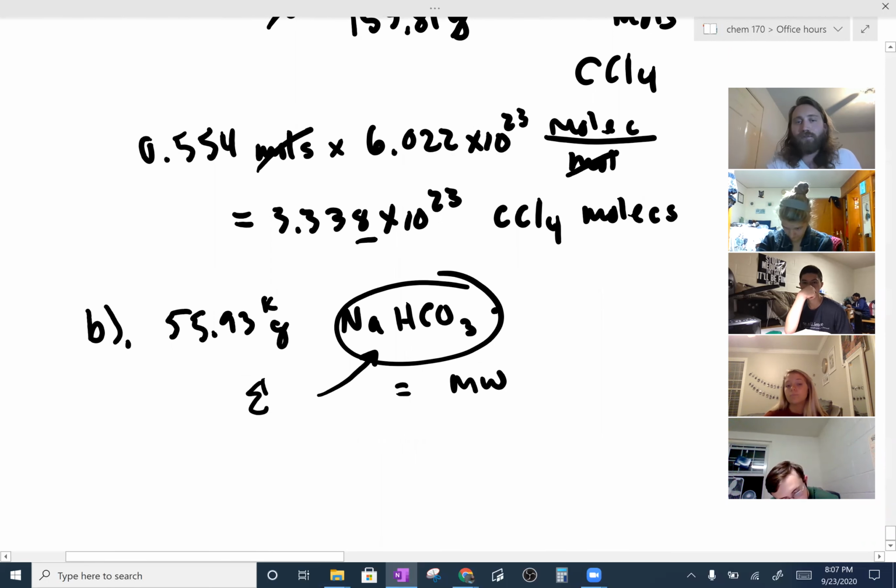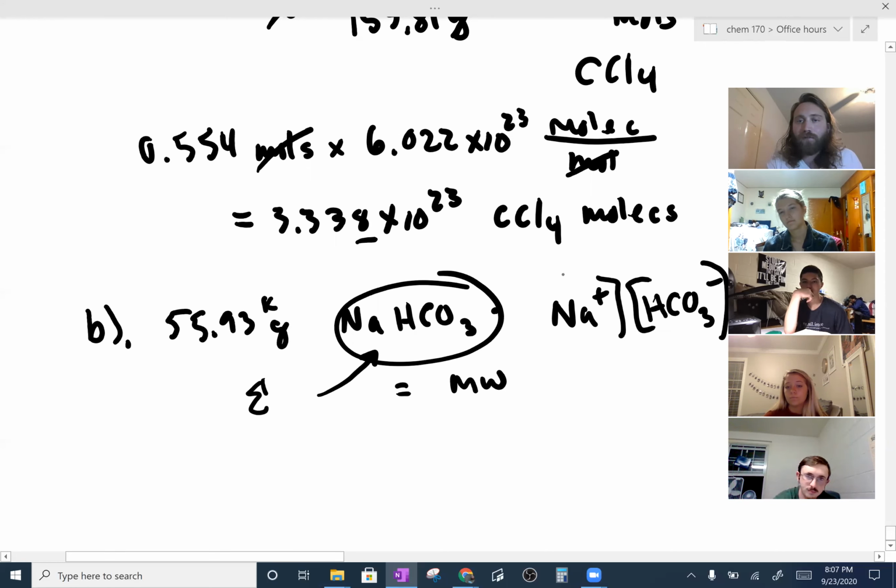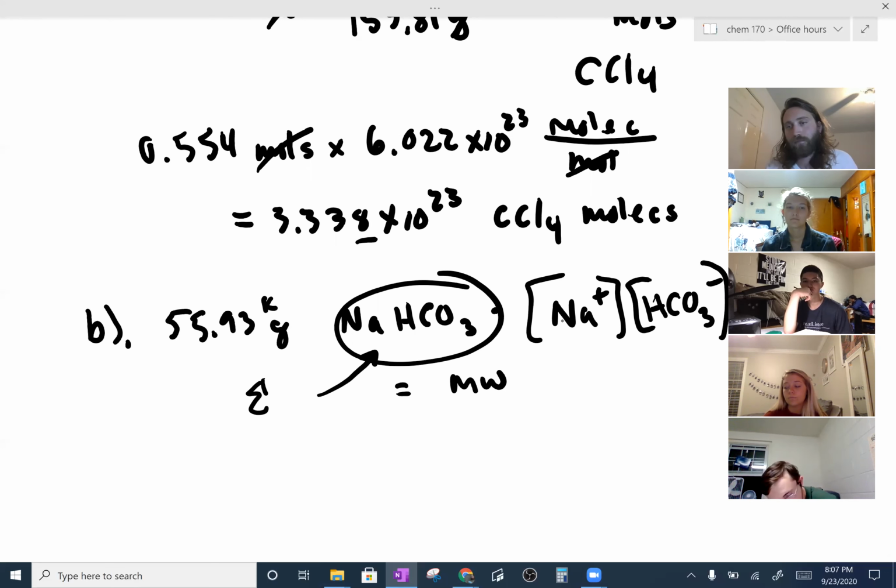But in the case of sodium bicarbonate, you have an ionic bond that forms between the two ions. So you have sodium here and HCO3 minus, and they're going to be bound to each other just due to electrostatic attraction. Okay.